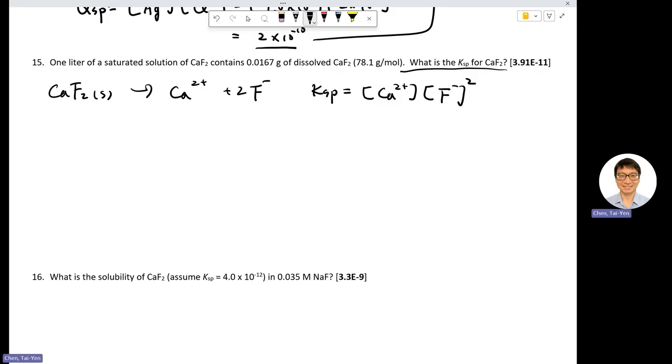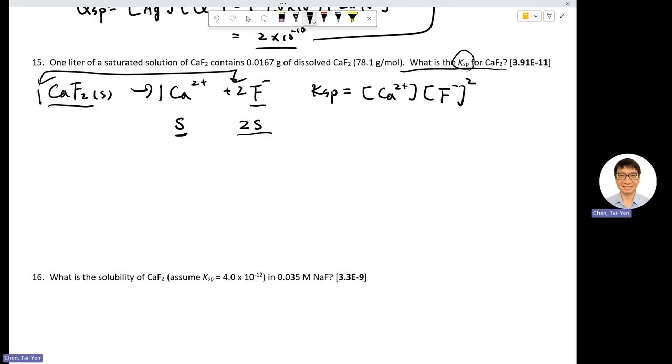Okay, so since you want to know the KSP, let's say the solubility of this species is S. Okay, and then because the coefficient between your CaF2 and the Ca2+ is 1 to 1, therefore you can write S here. For your F-, you are going to write 2S because the coefficient is 1 to 2.